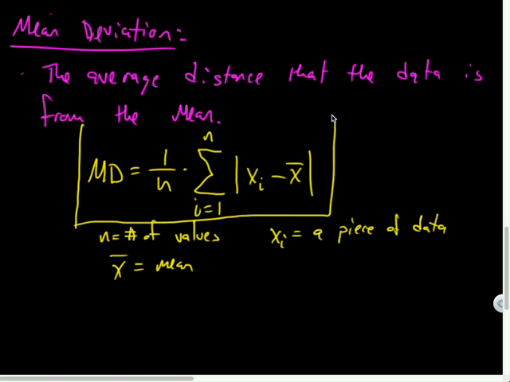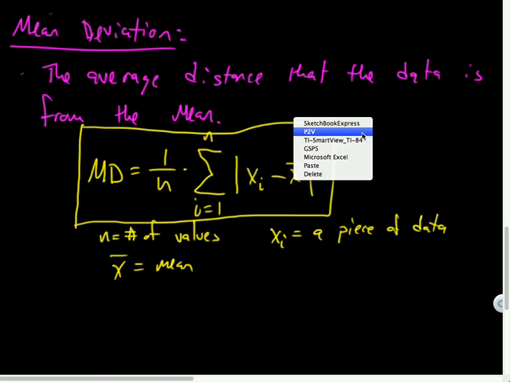It says subtract the mean from your data point, with the absolute value symbols. So it finds the difference between all of your data and the mean, takes the absolute value of those distances, adds them all together and divides by how many there are. So that's giving us, once again, the average distance that our data is from the mean.